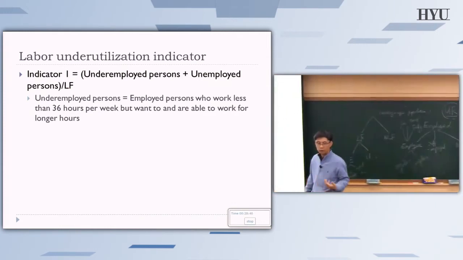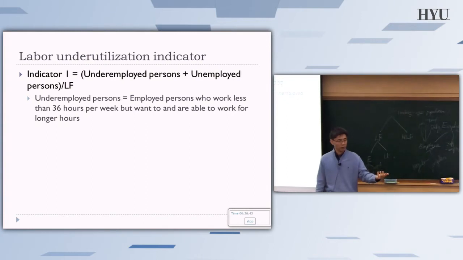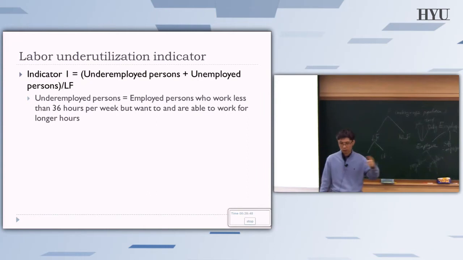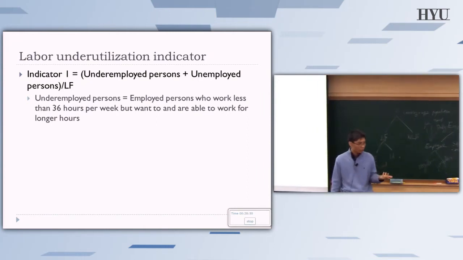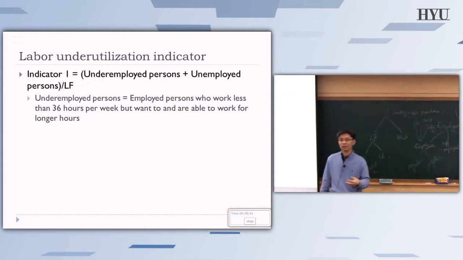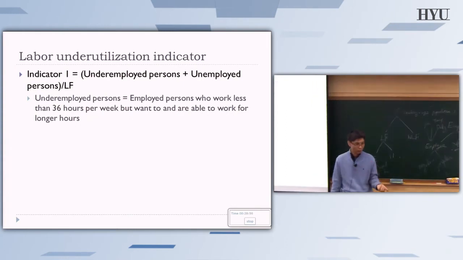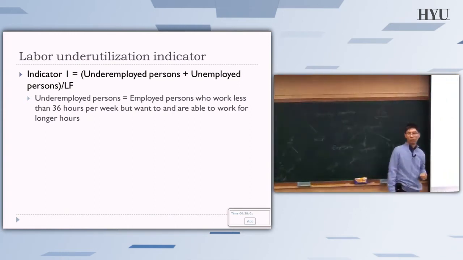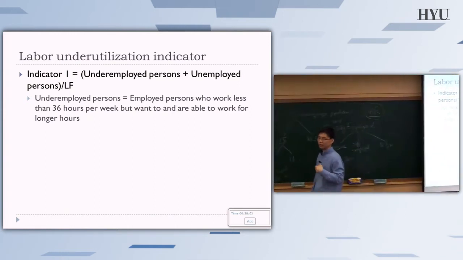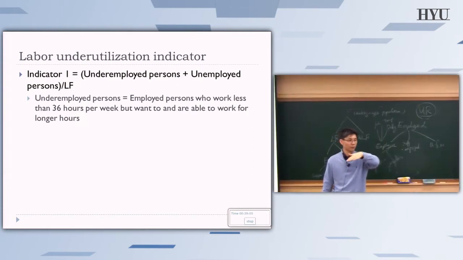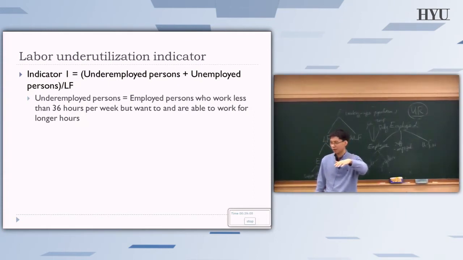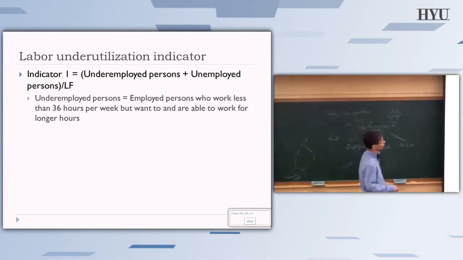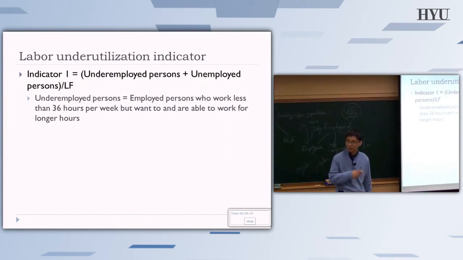If the individual says that I work less than 36 hours per week, there is a question like this: do you want to work longer hours? If you say yes, then, if you have that offer, are you able to work longer hours? If yes, then we call this person an underemployed person. This person basically does not work up to the level they want. They just work less than the level that they want. So we call them underemployed persons. The idea is that they are underutilized.